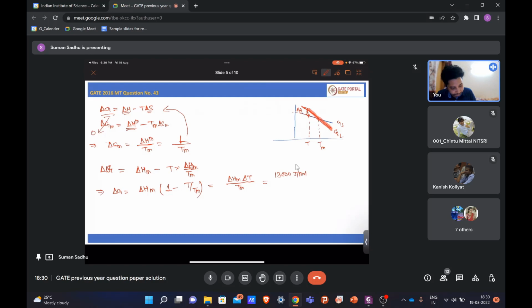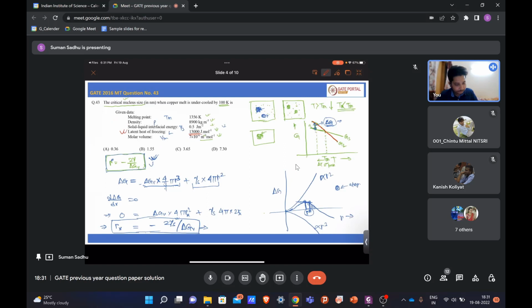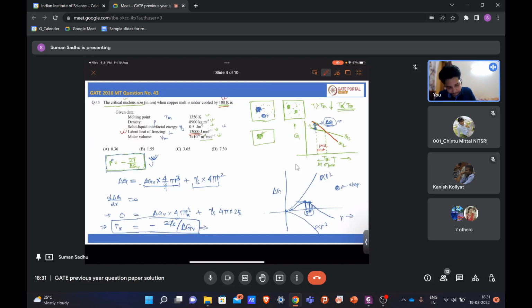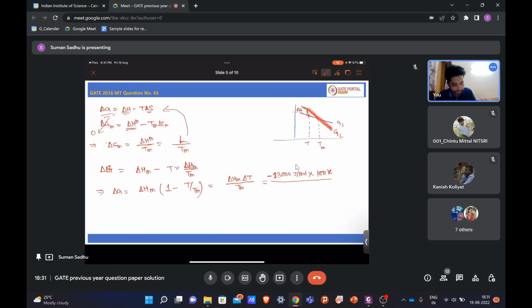Now this will be negative, right? Because while freezing, the latent heat is released. So that will be negative into delta T. What is the delta T? That is the undercooling, which is given as 100 Kelvin. Now divide by Tm, the melting temperature, which is 1356 Kelvin.